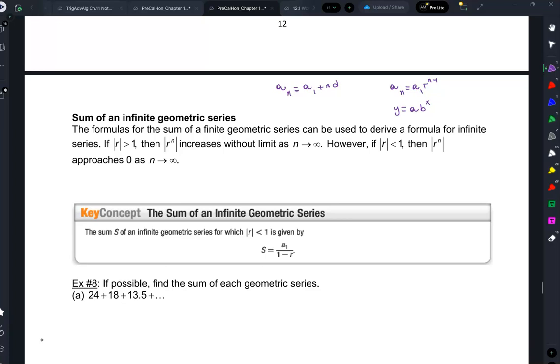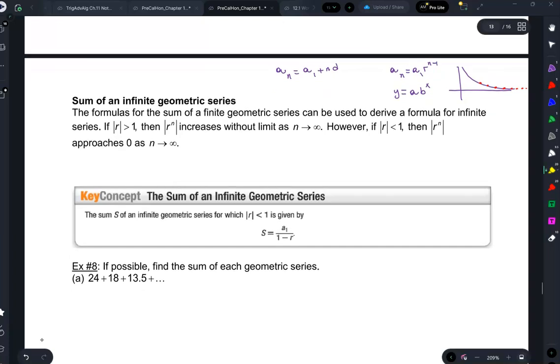So in the case of an exponential function, if you have exponential decay, then each of your consecutive terms are going to get smaller and smaller and smaller. So in that case, we can add up all of the different terms. By the same token, if you have exponential growth, then your numbers are just getting bigger and bigger and bigger, and you cannot add them up because then you will get infinity as an answer.